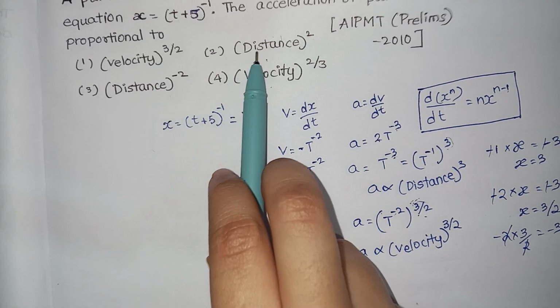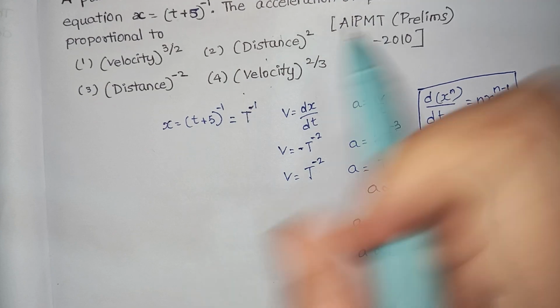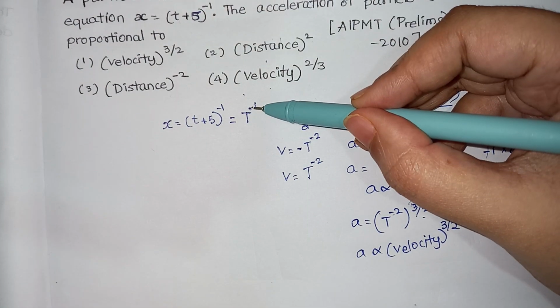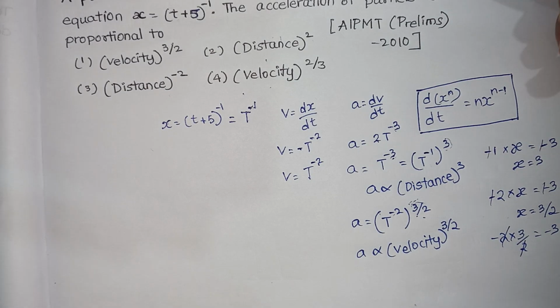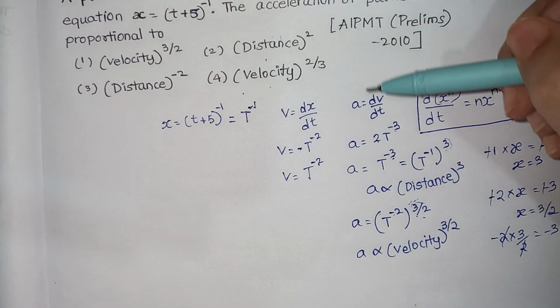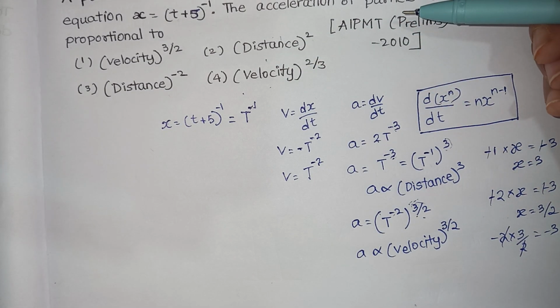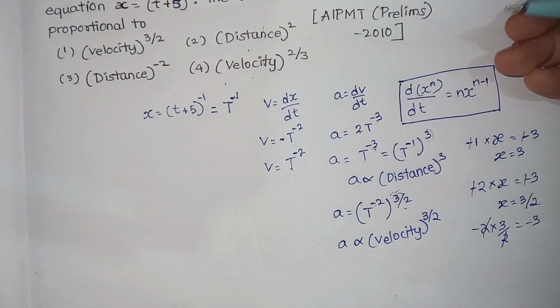If you check those options, for what we got, T power minus 1 for distance and T power minus 2 for velocity, by substituting in this you get the answer through that also. This is a method of doing it.